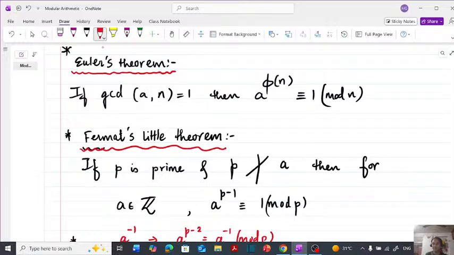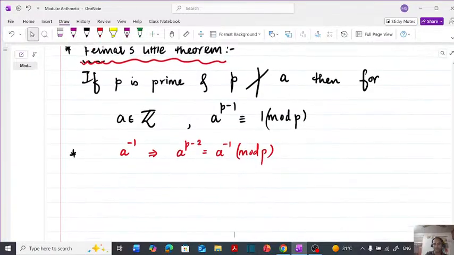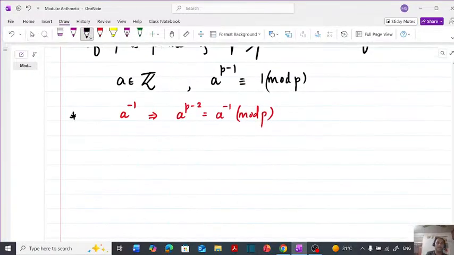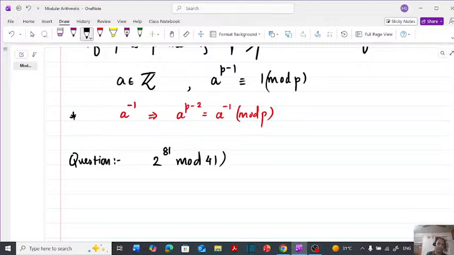Suppose you are asked a question: 2 raised to 81 mod 41, how much is it? Calculate. How do we calculate this? Now you need to use some basic understanding.